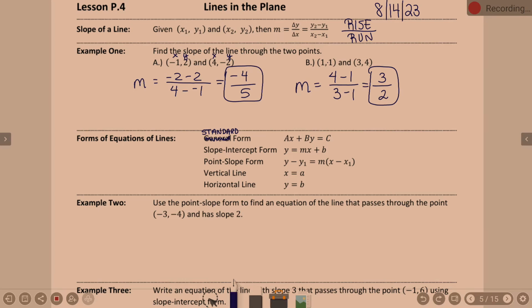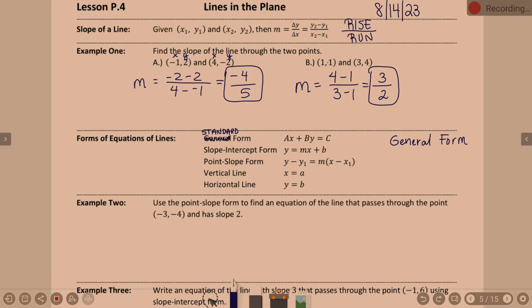Slope-intercept form, already been mentioned, y equals mx plus b, where m is slope and b is the y-intercept. Point slope form. We use that more than we used to. Y minus y1 equals m times x minus x1. That's helpful when you have a point and a slope. You can identify them. Vertical lines are always x equals a number. Horizontal lines are always y equals a number. And the other one that's not listed here that I meant to list is something called general form.